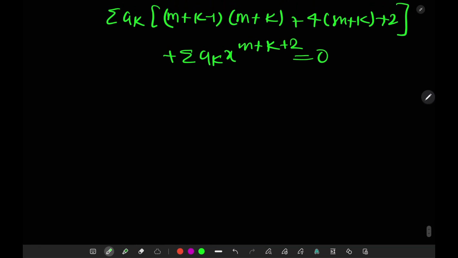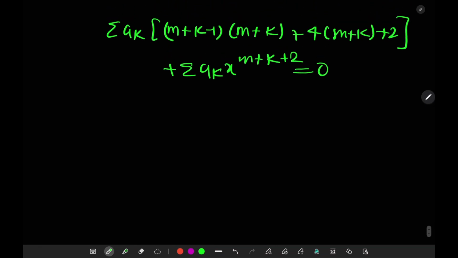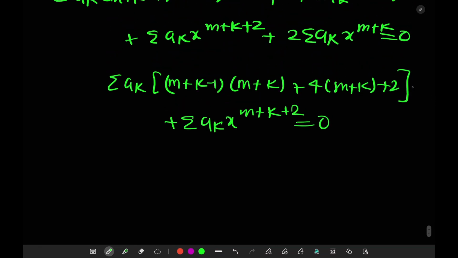Similarly here we put x raised to power m plus k. Similarly we put k equal to 0 in lowest power of x.